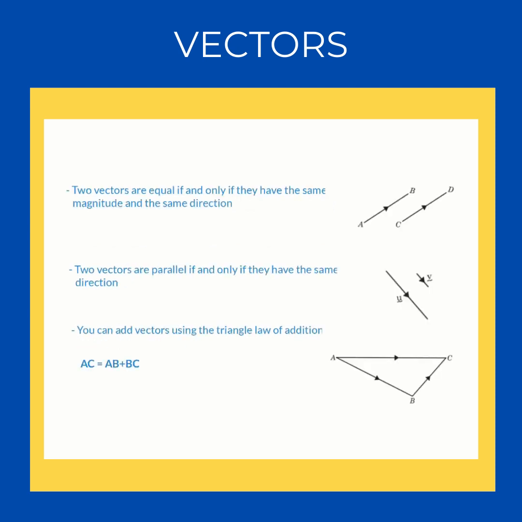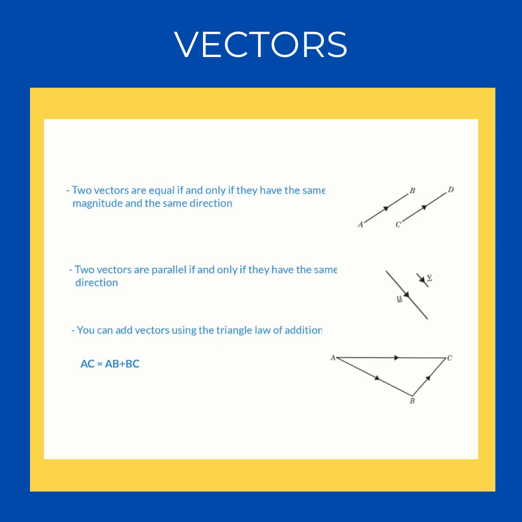Now if I'm given 2 vectors, I can say that these vectors are equal if and only if they have the same magnitude and the same direction. So there are 2 conditions that should be met. The first one is that both vectors should be equal in magnitude and both of them should follow the same direction.